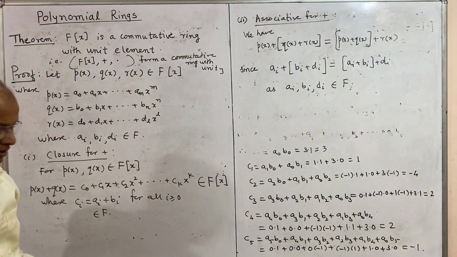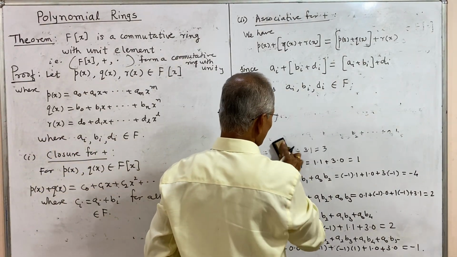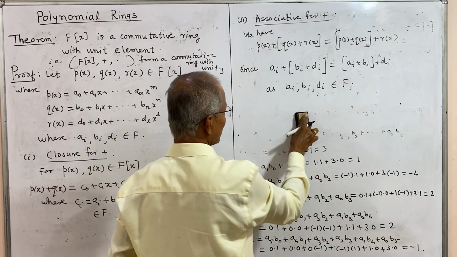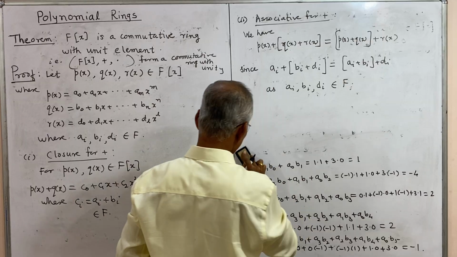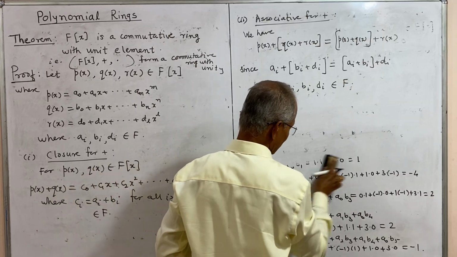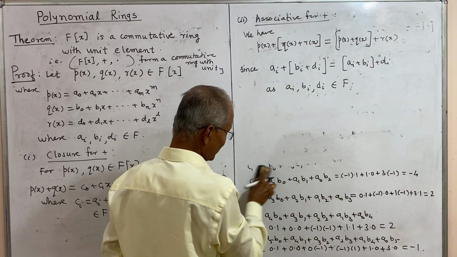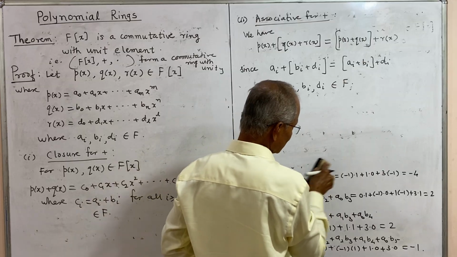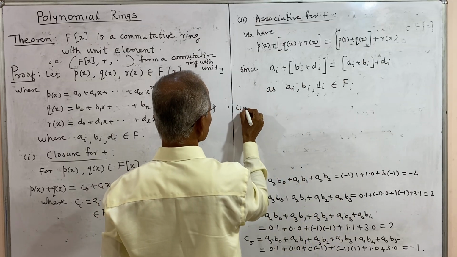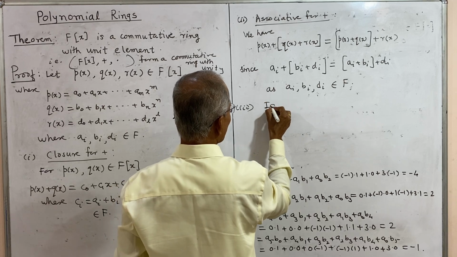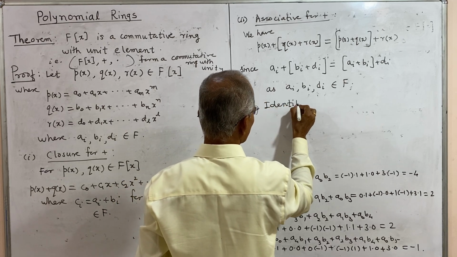Now next is identity for addition, and we can see the zero polynomial, the polynomial whose all elements are 0, is identity for addition, or 0 element.